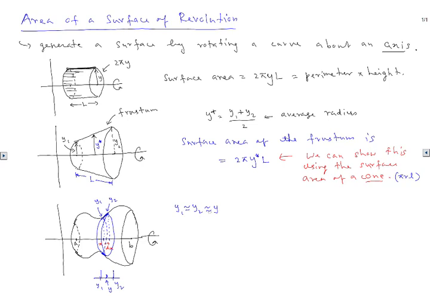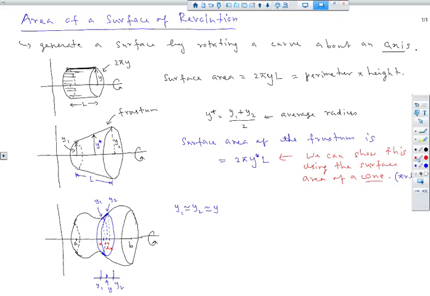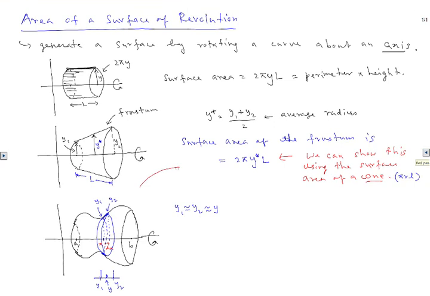So the area of the frustum now becomes, you can see this is a curved situation, but you can approximate the curved surface by the surface area of part of the frustum. So we have a curved area, but this area you can approximate by the area of the frustum.